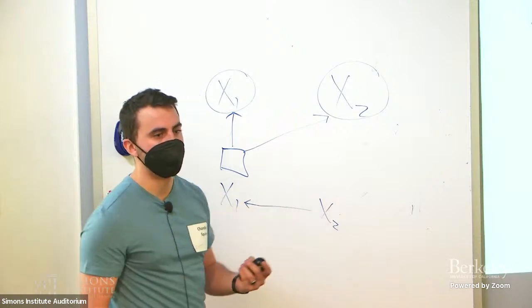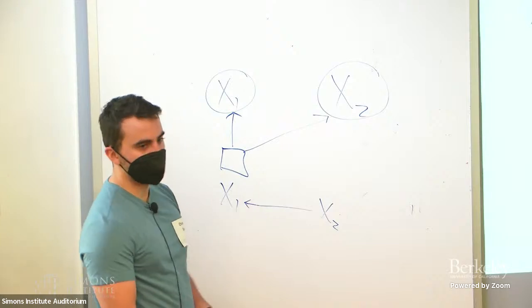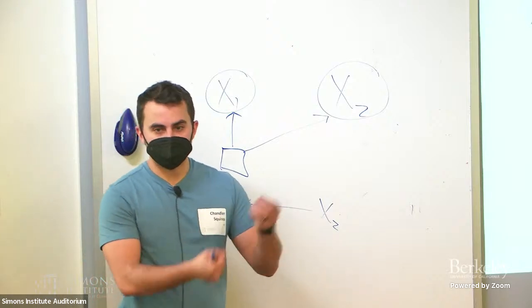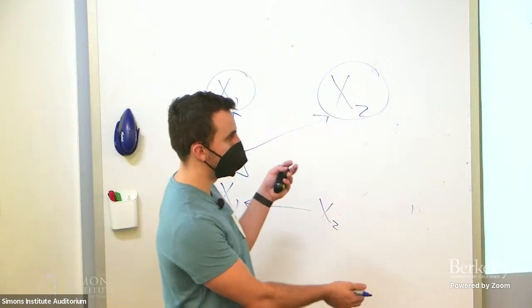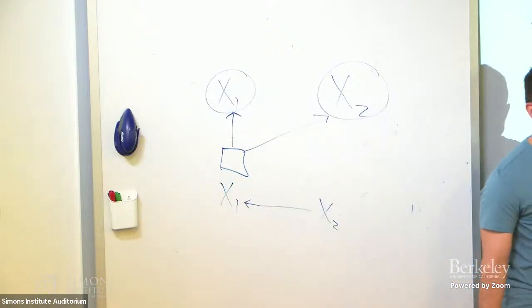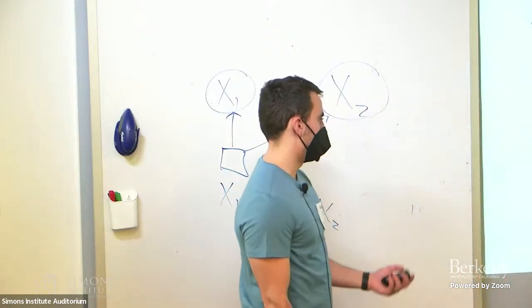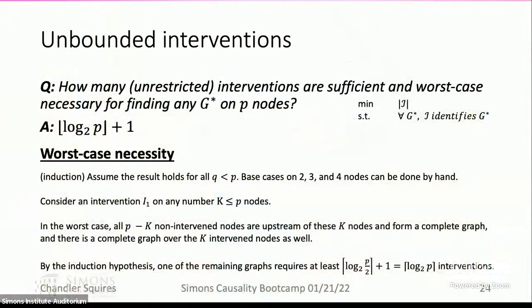So I don't even know if there's an edge, so of course I can't determine a direction. So in general, in the worst case, I partition my graph into a complete graph over the p minus k nodes and a complete graph over the k nodes. And now, both of those are less than p.